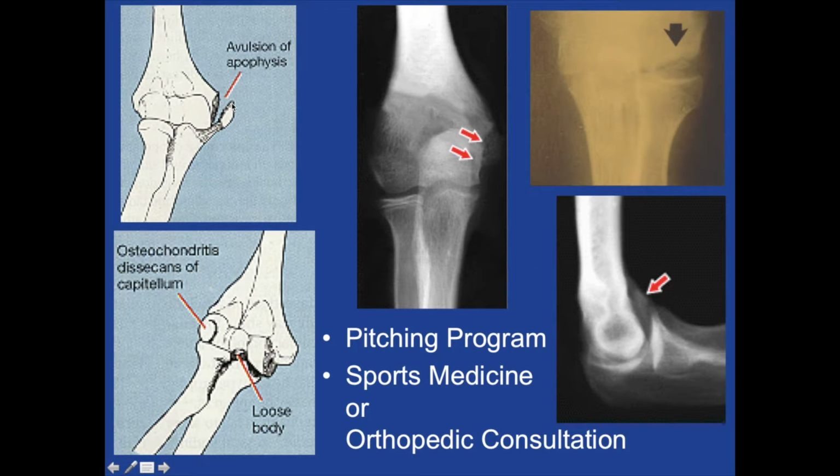On the medial side, where the stretch happens in the cocking phase, you can have just an epiphysitis or an avulsion of the medial epicondyle. And then on the lateral side, where you have your compression, you can have osteochondritis dissecans. And remember, that is an inflammatory condition of the subchondral bone and the articular cartilage. So you have compression of the capitellum here.